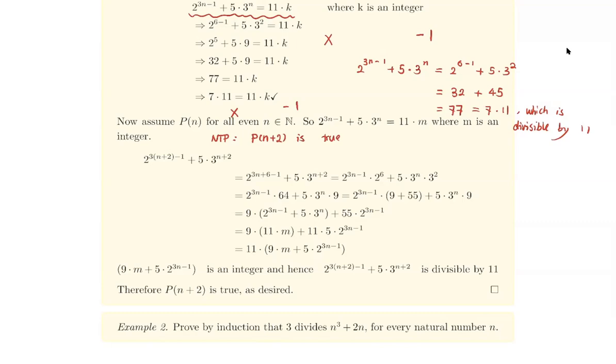So where did we use the inductive hypothesis? Step 3. Step 3, are you talking about this line? Or the next line?